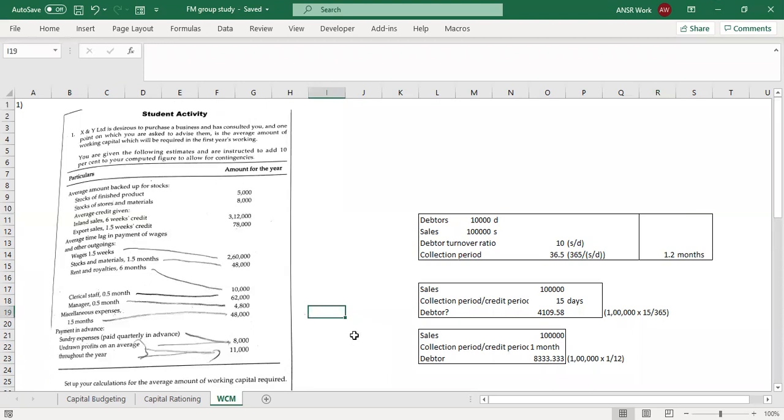This is what they do. Some of the information they'll give as the tricky part, and some of the information they'll give exactly as is, the value that should be. So do not by mistake look for what to multiply, that would be wrong. Just take that figure. Finished goods is already given as 5,000. Similarly, stock of stores and materials is also given as 8,000.